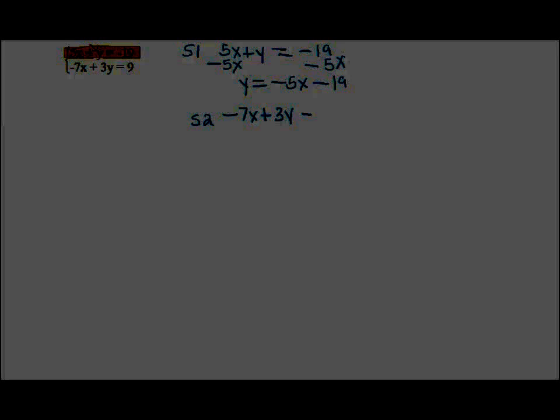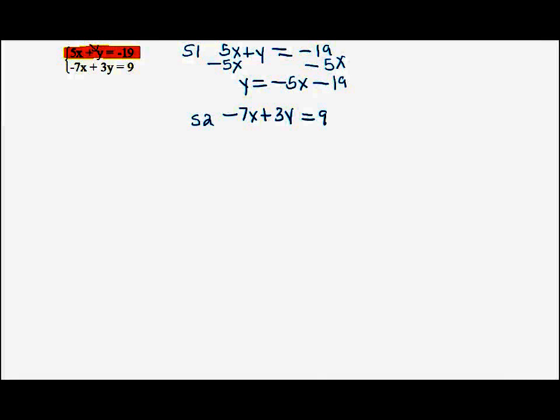Now step 2 says to take the other equation. The other equation is negative 7x plus 3y is equal to 9. I want to take the other equation and replace it with what I found y to be in step 1. Well, in step 1, I found y to be negative 5x minus 19.